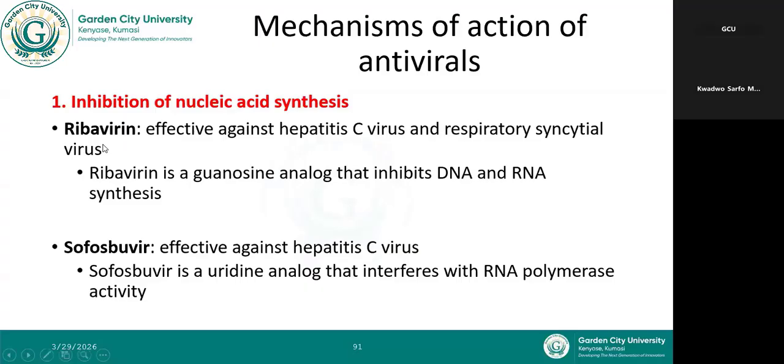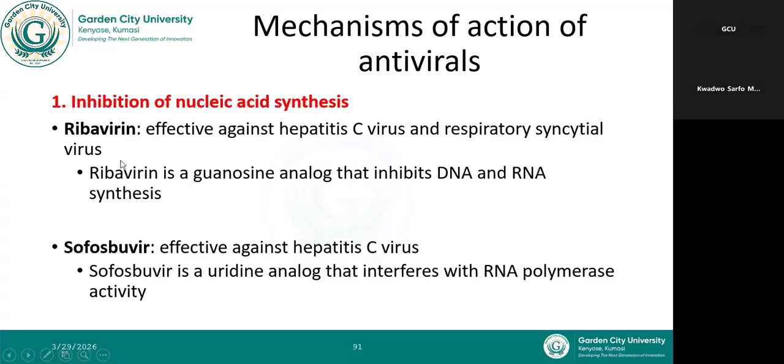Then ribavirin and sofosbuvir are also used to target the nucleic acid synthesis. So for hepatitis C infection and respiratory syncytial virus, RSV, ribavirin is also mimicking the structure of guanosine, just like we saw in acyclovir.